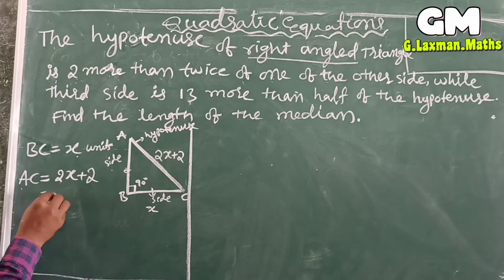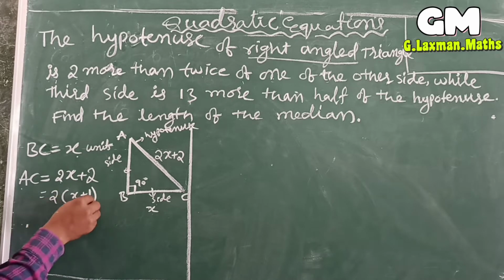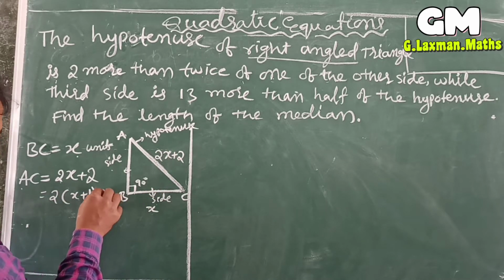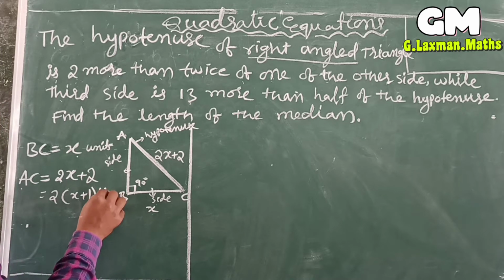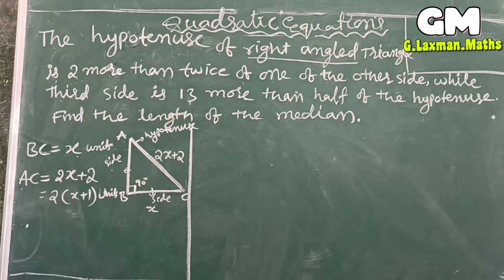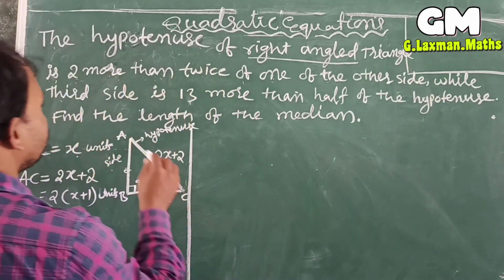Taking 2 as common, you will get x plus 1. So 2 of x plus 1 is the hypotenuse, in units. Yes, I am writing u, that is units. Right? Now, up to here, over.